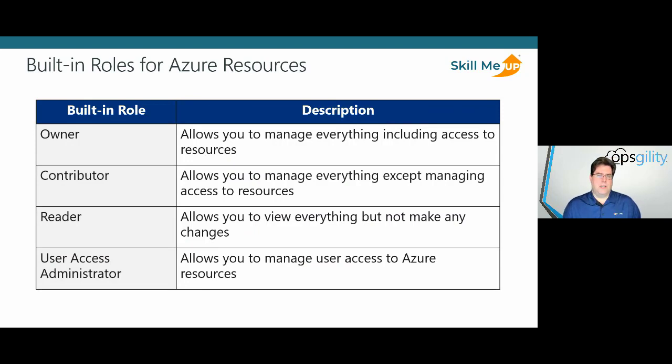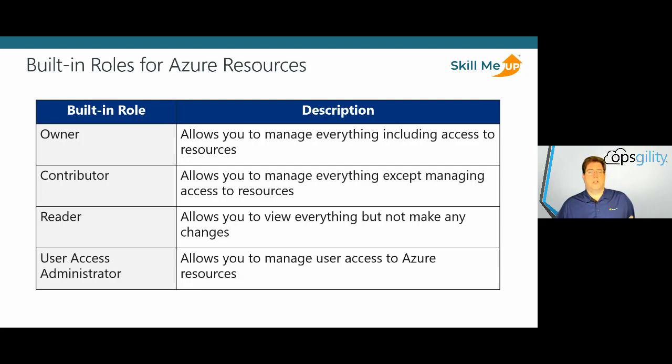Important to understand what each of these are and what each of these do. Our owner is almost like the global administrator of that particular resource. They can manage everything within the resource, as well as delegate somebody their own role within that resource or that subscription or whatever.